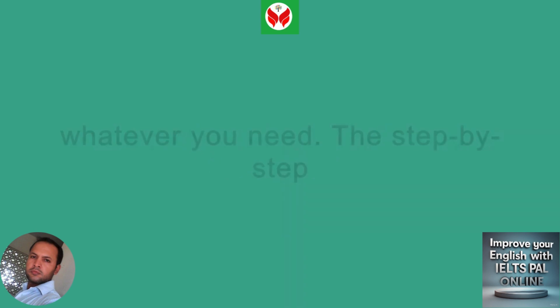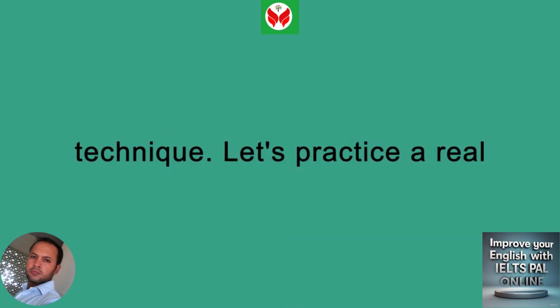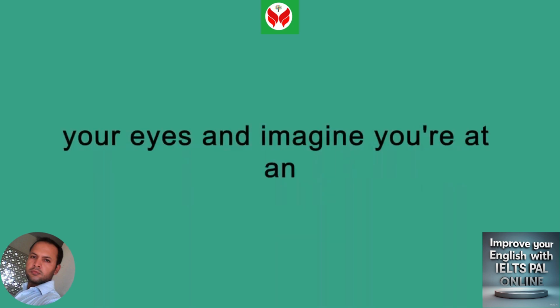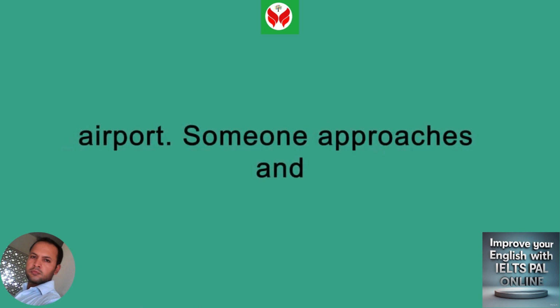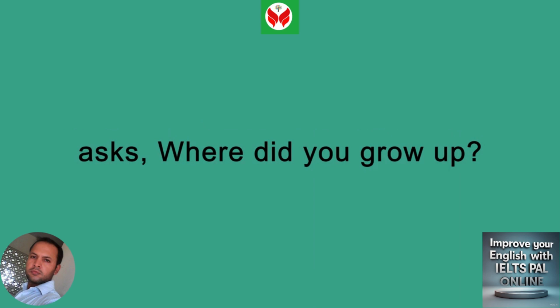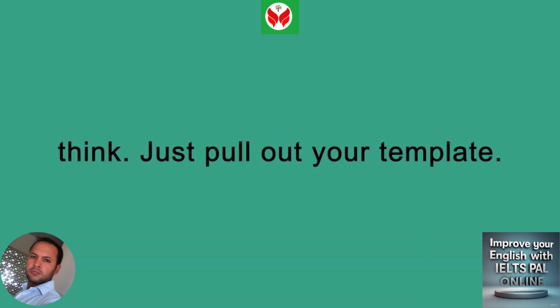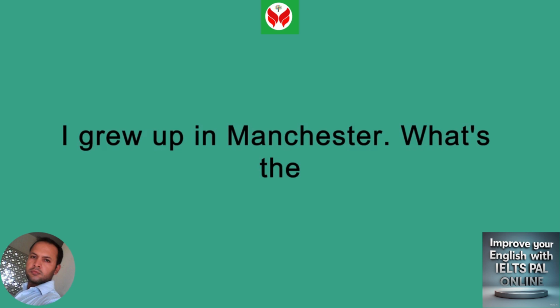The step-by-step technique. Let's practice a real conversation. Right now, close your eyes and imagine you're at an airport. Someone approaches and asks, "Where did you grow up?" What do you say? You don't need to think. Just pull out your template. I grew up in London. I grew up in Manchester.